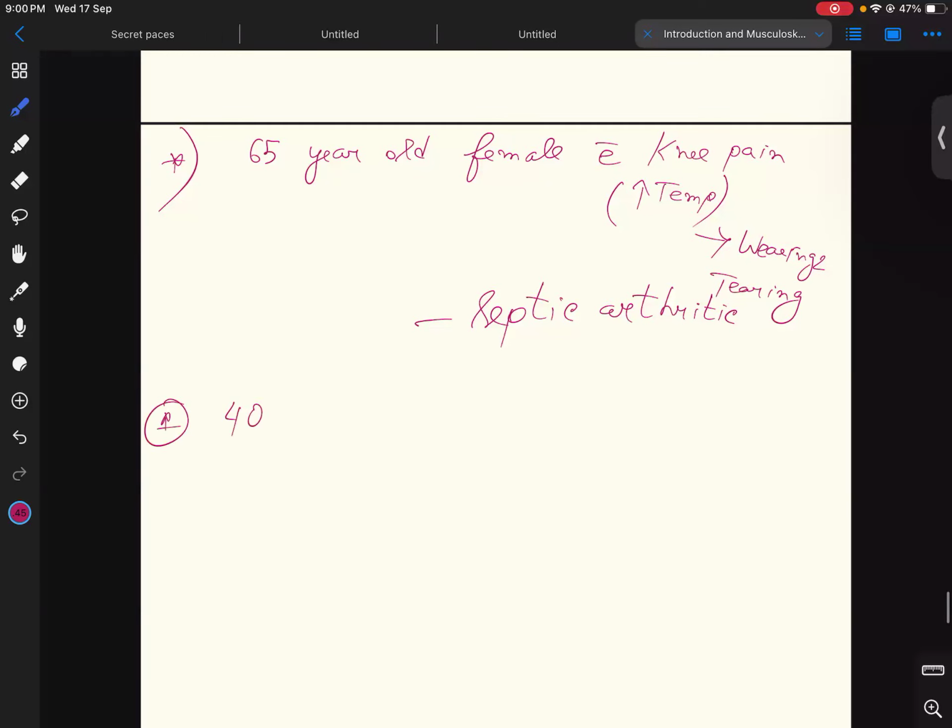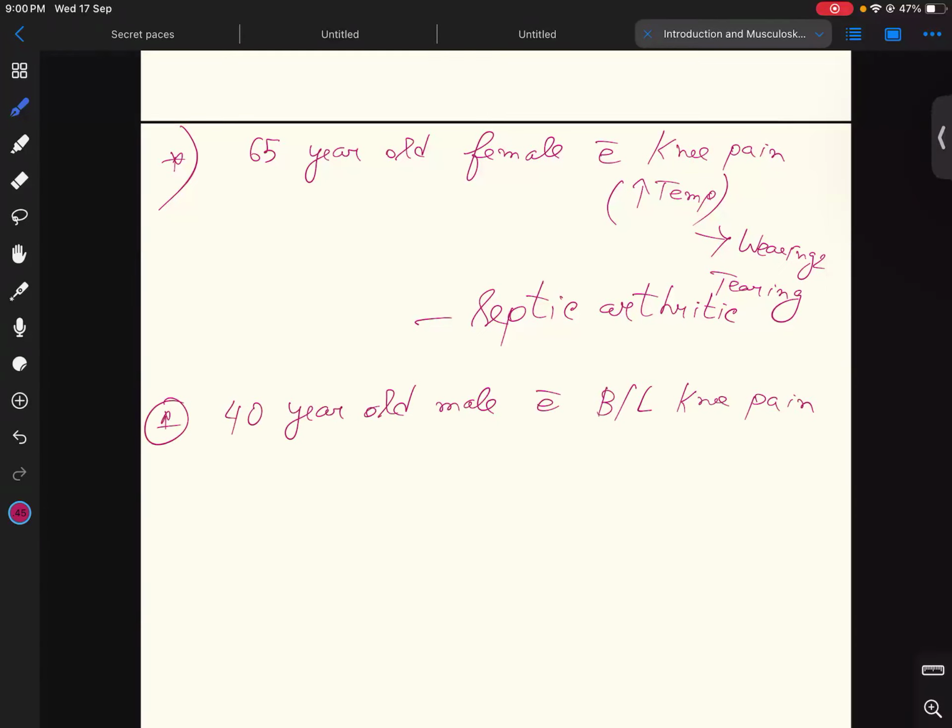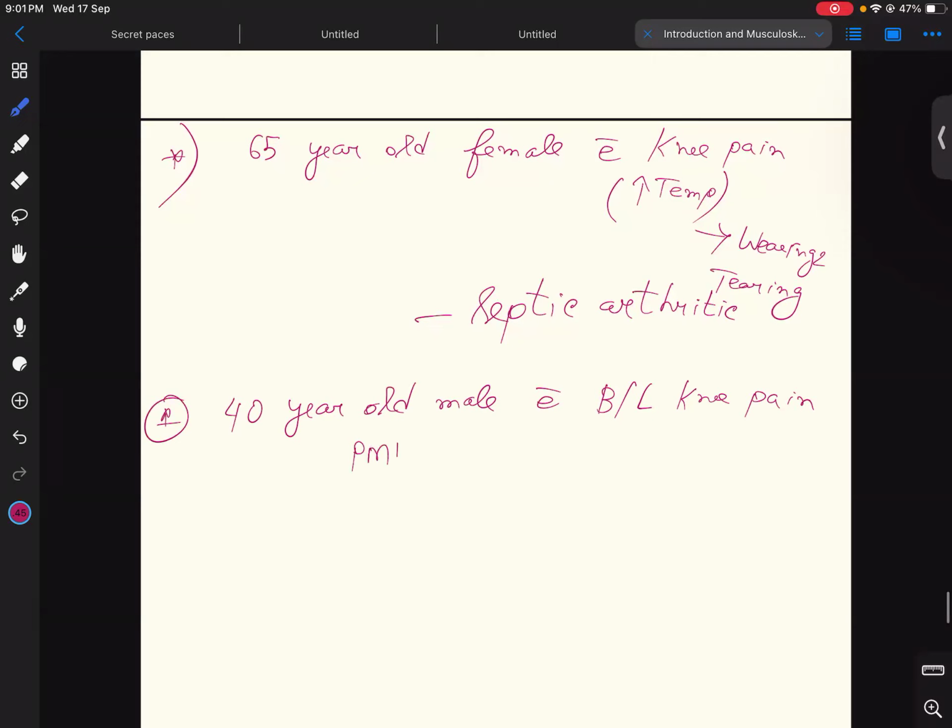A 40-year-old male with bilateral knee pain. This case actually came in Cairo, and in the past medical history, he had a history of infertility.